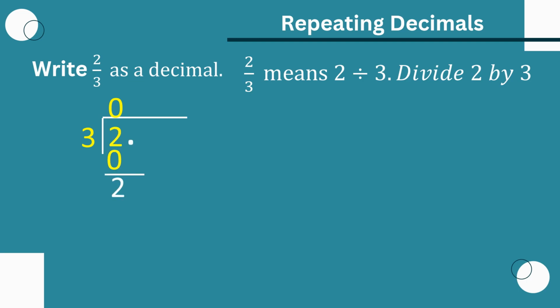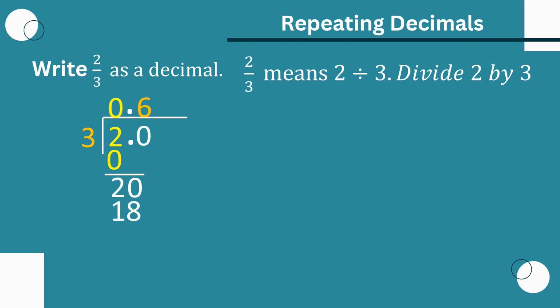Then we add the decimal point to our dividend and also copy it into our quotient. Then we add 0. Bring down 0. 20 divided by 3 is equal to 6.